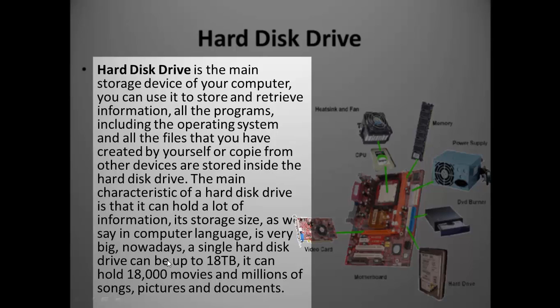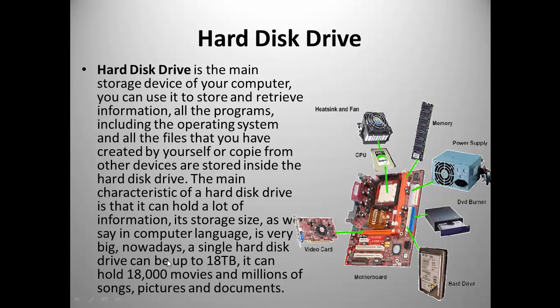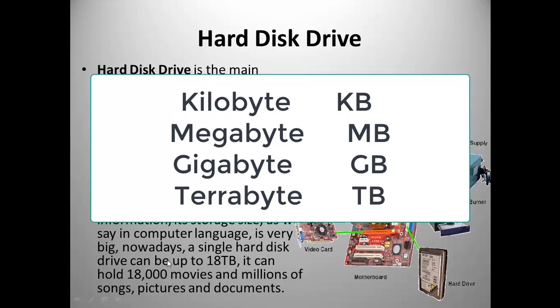Do we know what a TB is? Maybe I should make a segment where I explain all of the data measuring terms that we use. TB is one of the biggest measures that we have. You remember the kilobyte, which is KB.